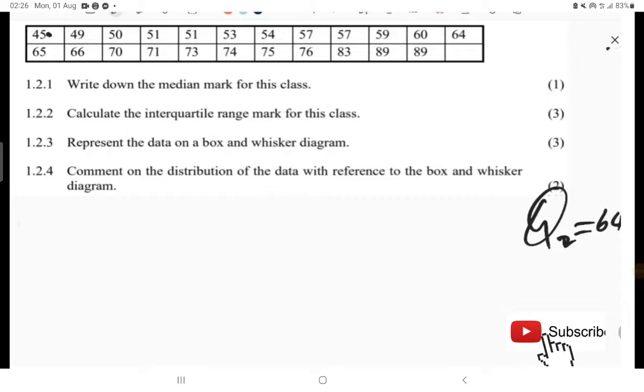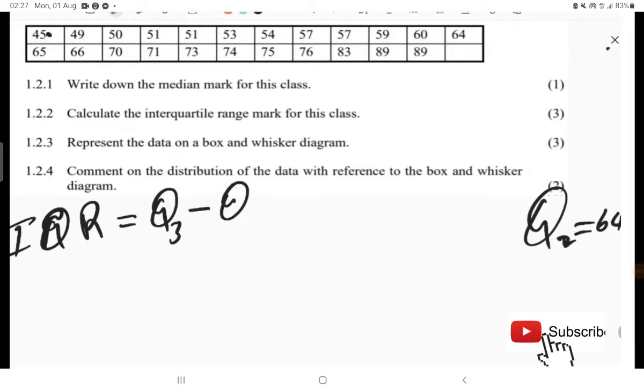The interquartile range is calculated by subtracting Q1 from Q3. These are the quartiles that we have, the positions that divide our data into quarters.